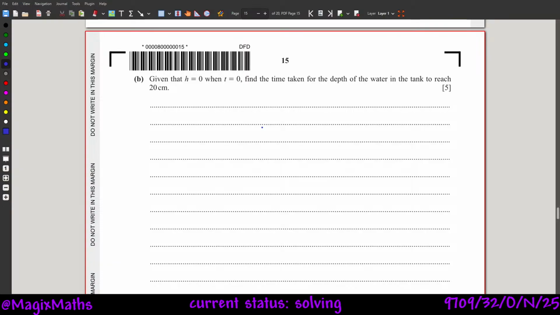So given that h is equal to 0 when time is equal to 0, find the time taken for depth h equals 20. Time equals what?